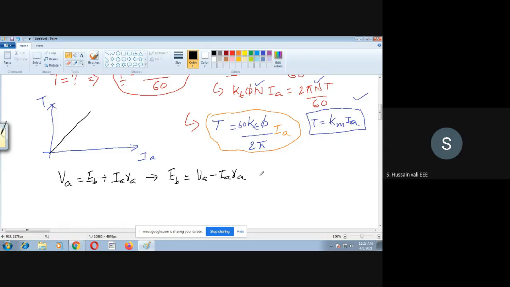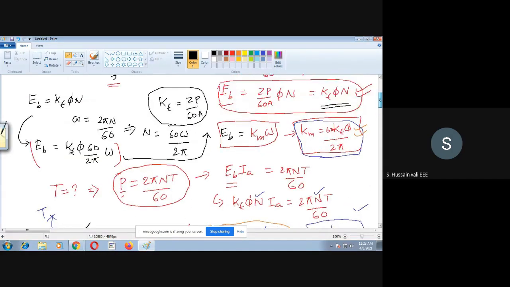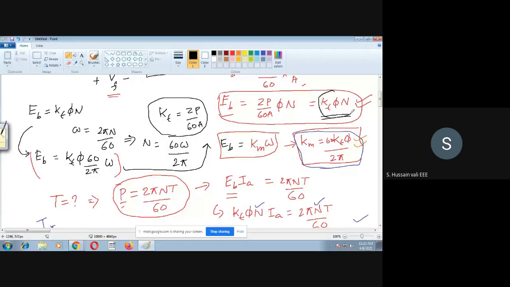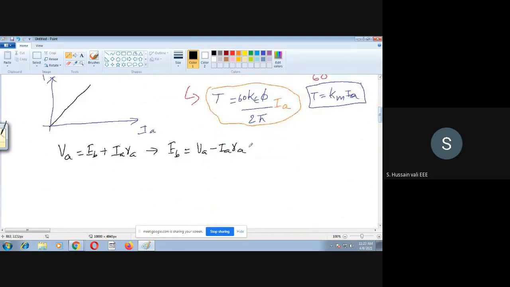Now, how can I write EB here? You just recall, I told you already that EB can be written in two ways. One is EB is equal to KT into phi n, that is one form. The other form is EB is equal to Km into omega, this is the second form. So I would like to take the second form here. Then Km into omega is equal to VA minus IA RA. We got this equation.